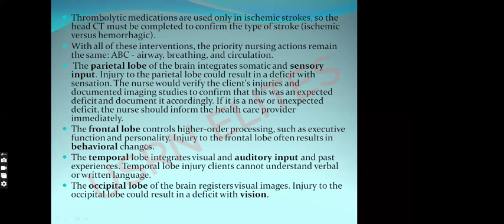The frontal lobe controls higher order processing, such as executive function and the personality of oneself. So when you have an injury in the frontal lobe, you are likely to have what? Behavioral changes. So what does this tell you?